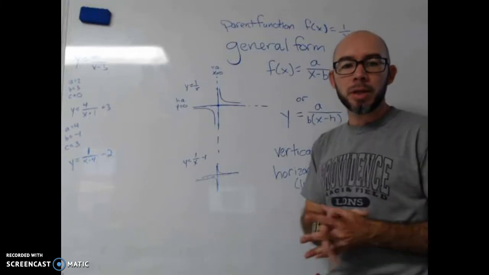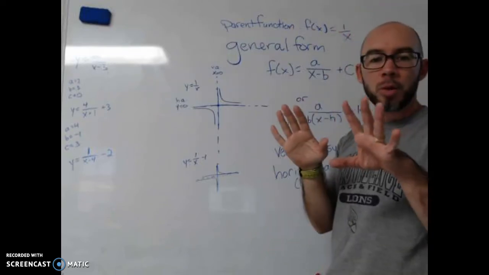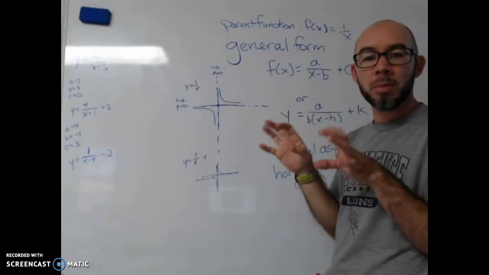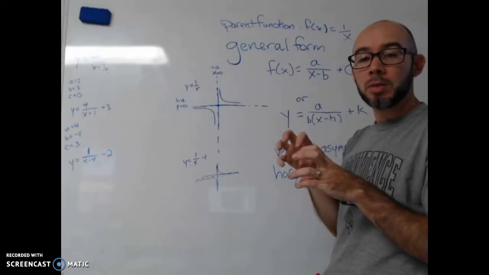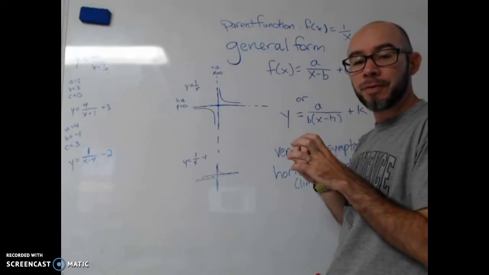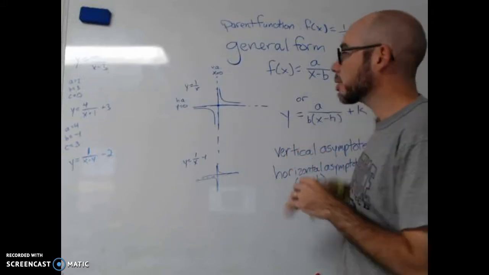Now we're going to take that basic starting point and change it a little bit. Maybe we're going to multiply that equation by a constant. Maybe we're going to subtract something from x first before we do the rest of the math, or add something onto it later.